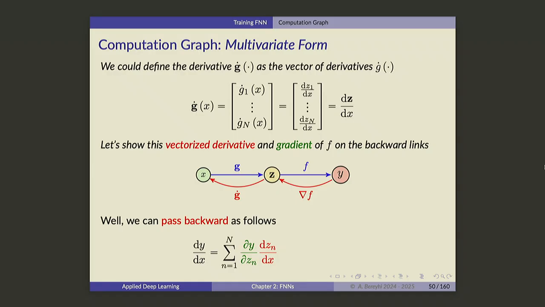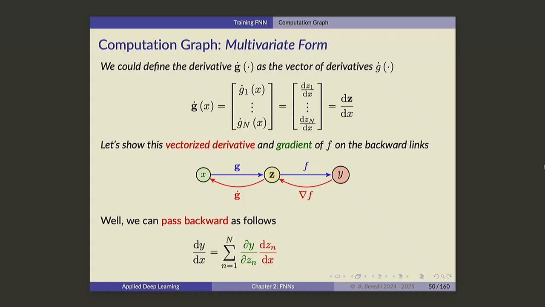Does it exist inside the gradient? Yes or no? Inside this gradient, what do you have? Multiple entries, and those entries are partial derivatives, right? So it's going to be the derivative of y with respect to z1, the derivative of y with respect to z2, till the derivative of y with respect to the last z, right?